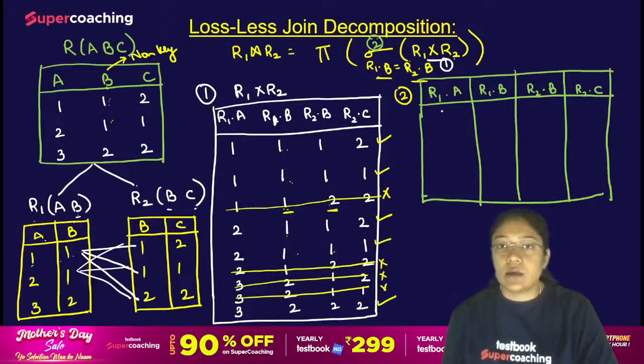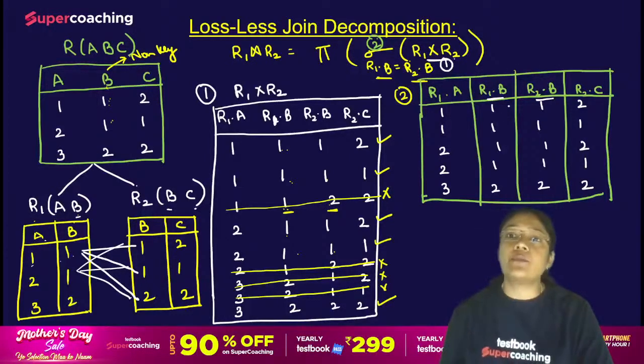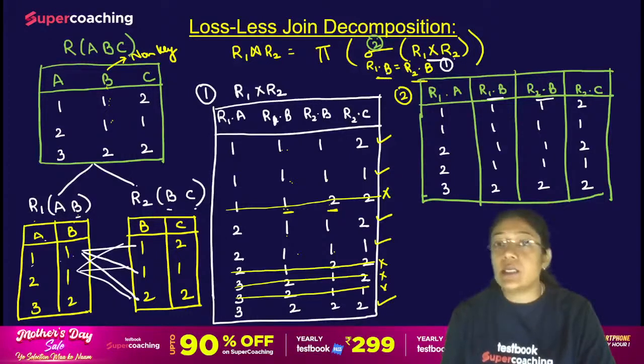So data is 1, 1, 1, 1, 2. 4 times 1 we are getting. Then 2, 1, 1, 2. Then 2, 1, 1, 1. Then 3, 2, 2. Now, if you observe the value for the attribute R1.B and R2.B is same, so we are going to project the distinct columns.